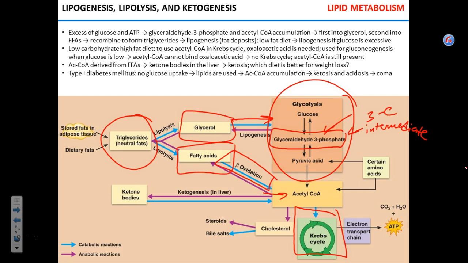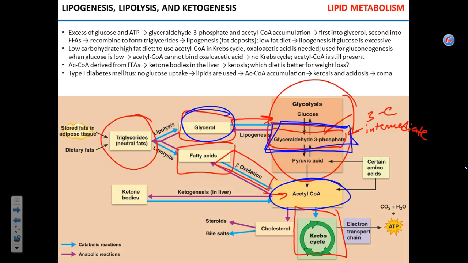How are you going to make fat? Well, lipogenesis, yes, but what are the reactions? You're going to take glyceraldehyde 3-phosphate. I'm going to make it like dark blue. Okay? And you're going to convert it into glycerol. And then you're going to take acetyl-CoA, which is enormously abundant.